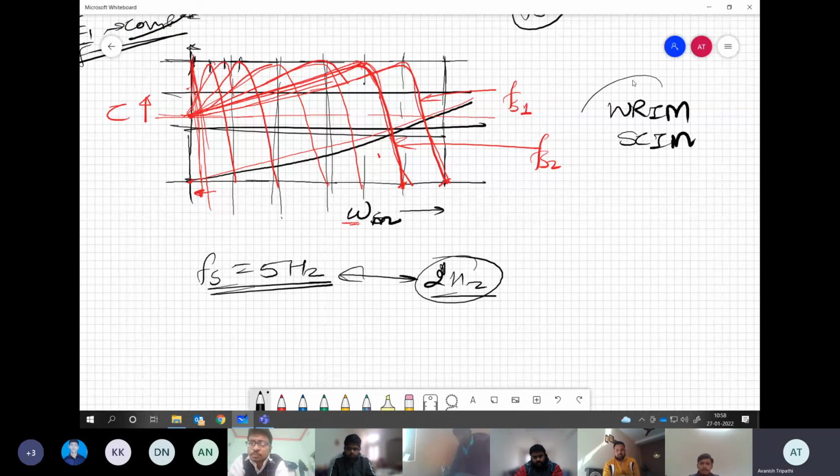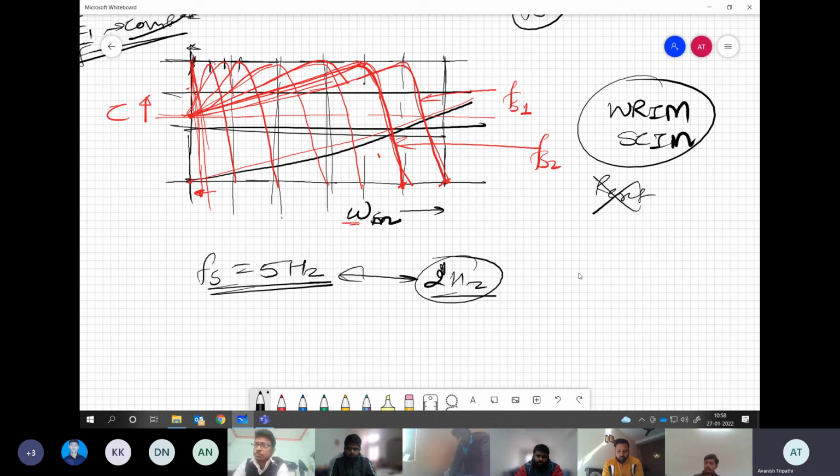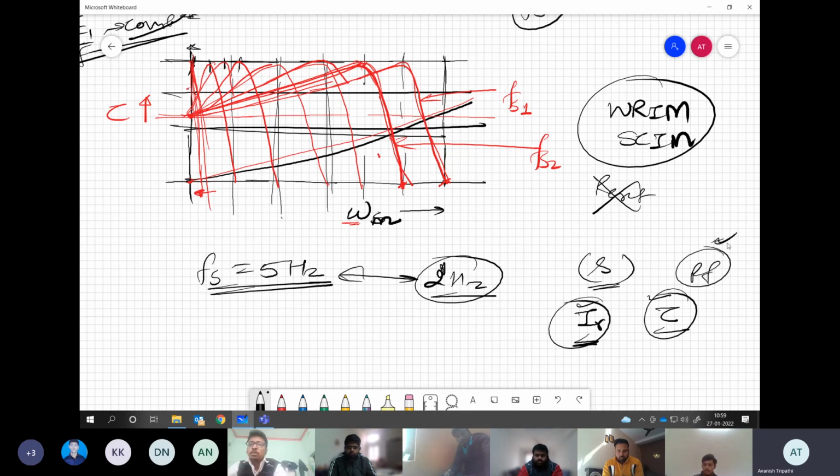And then it doesn't need any external resistance. And because we are always operating at some good slip value, our rotor current and the torque, all these things are maintained at the rated values. Power factor is always good.